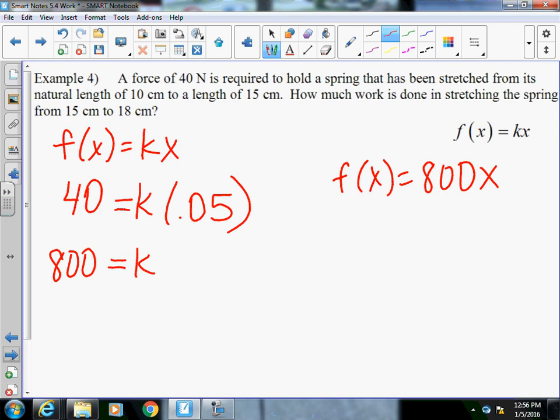Now, we're stretching this spring from 15 to 18. And work would be accumulated that entire time. So we know that to get the work, we need the integral of this force.